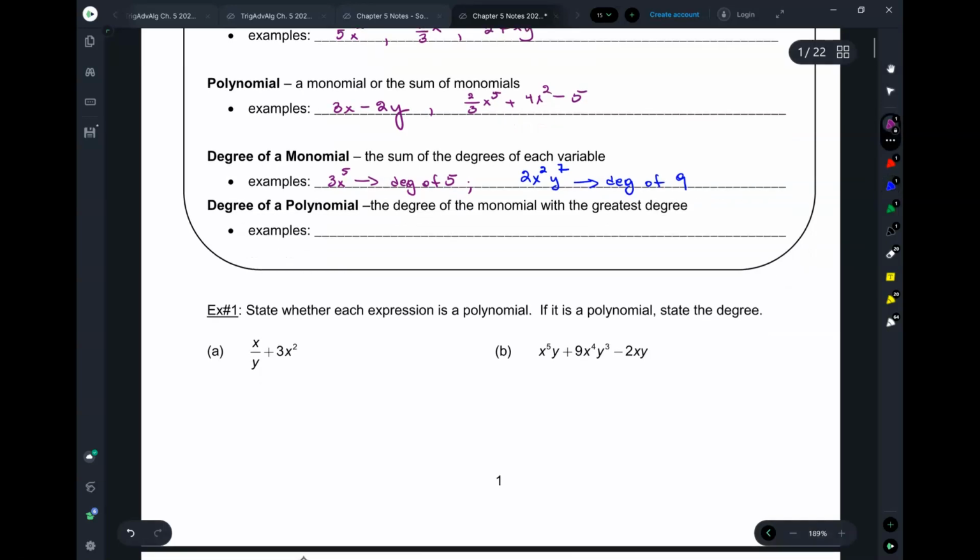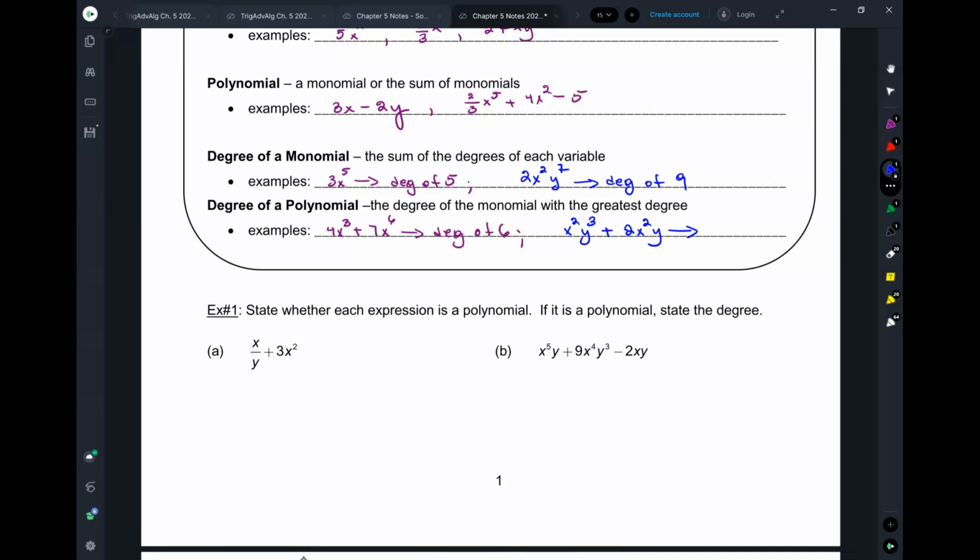Okay, the degree of a polynomial is the degree of the monomial with the greatest degree. So basically the highest degree of all of the monomials. So for example, if I have 4x cubed plus 7x to the 6, what's the degree? 6. Degree of 6, correct. If I have x squared y cubed plus 2x squared y, this monomial has a degree of 5.